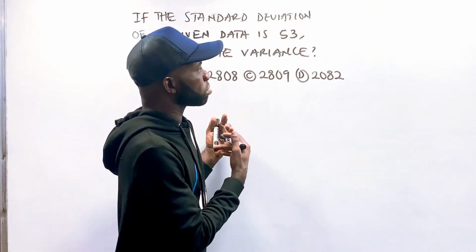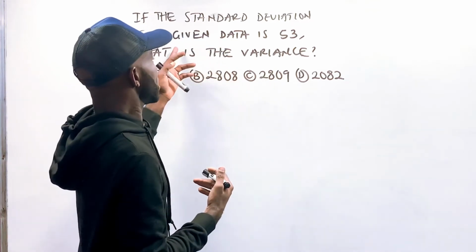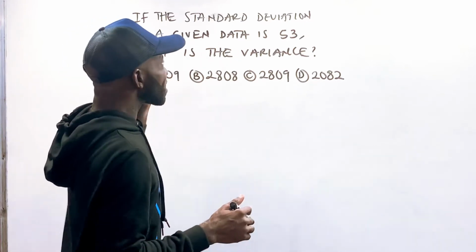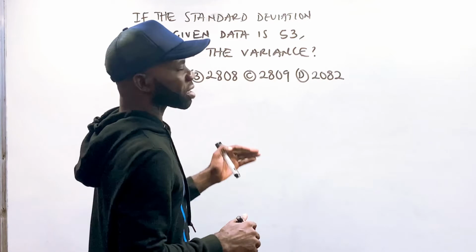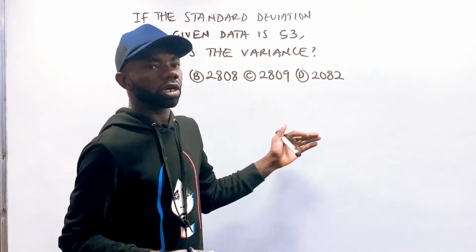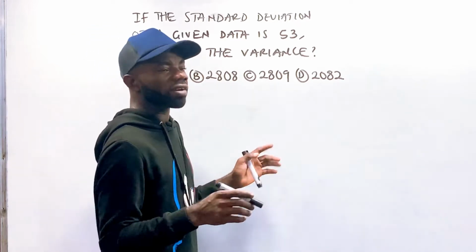Now, 53 is the given data for the standard deviation. What's the relationship between standard deviation and variance? In the last video, I made you understand that the standard deviation is just the square root of variance.